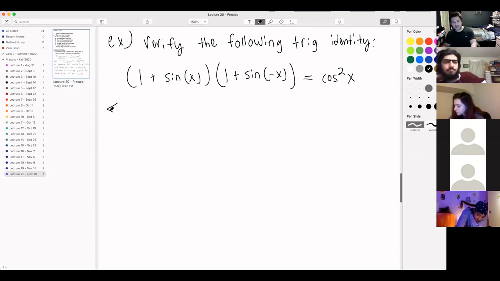Okay, now here's the strategy. Here's how you deal with these questions to verify a trig identity.